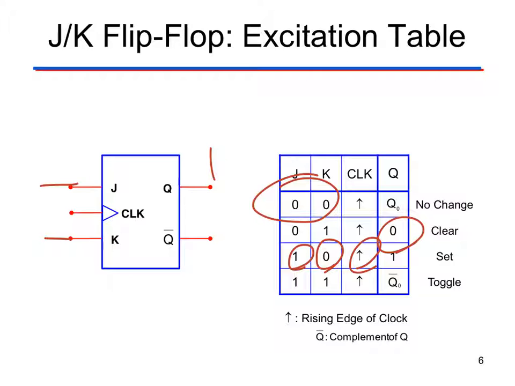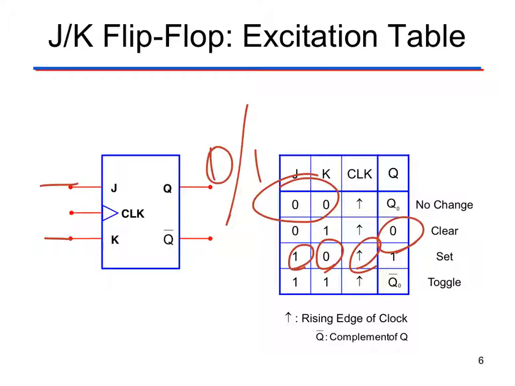And finally, when both the J and the K are 1, it's going to toggle. Toggle means just switch between 0 and 1. So when J and K are 1, let's pretend that a 0 was on the output. When the rising edge of the clock happens, it will output a 1.